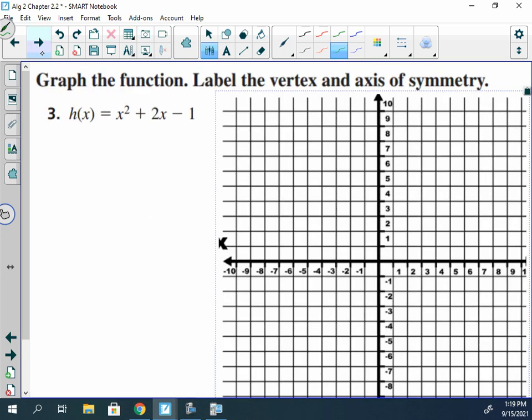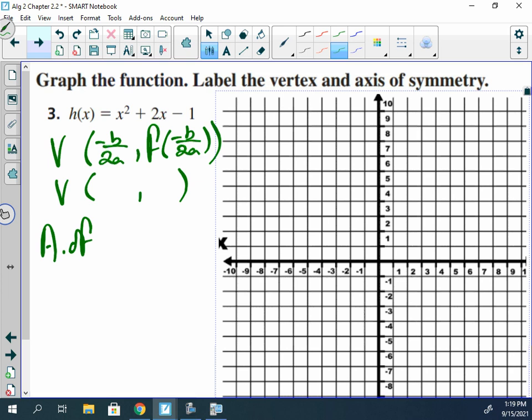Let's look at this one here. x squared plus 2x minus 1. Well, our vertex is negative b over 2a, comma, f of negative b over 2a. We'll get the vertex.